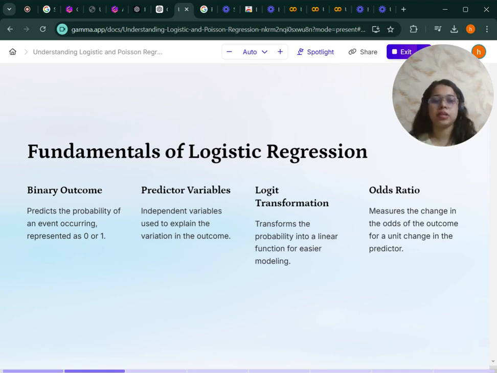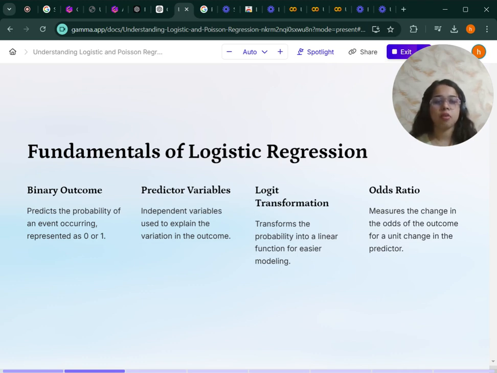Now, predictor variables. These are the independent variables that explain the variation in your outcome. For instance, customer age, income, or shopping frequency can help predict whether they'll make a purchase or not. Then we have the logit transformation, that is, the logistic regression model uses a logit transformation to convert probabilities into a linear function that makes it easier for the model to be implemented.